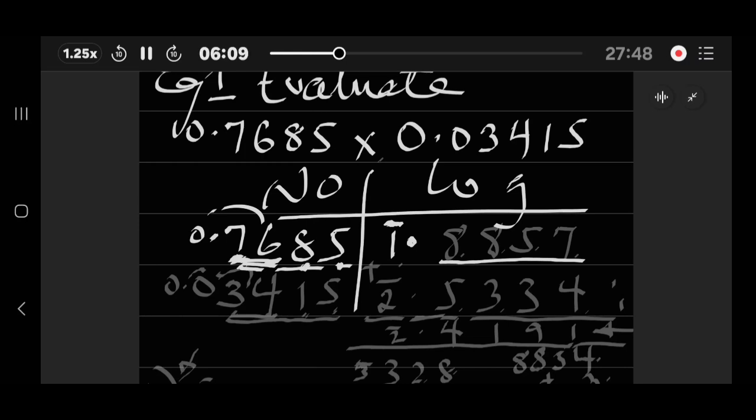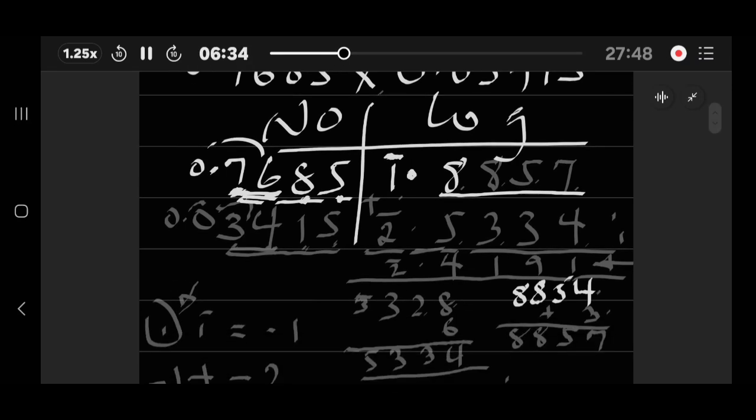If you check 76 under 8, you are going to get 8854. Then when you check the difference table, you check difference 5. When you check difference 5, you are going to obtain 3.